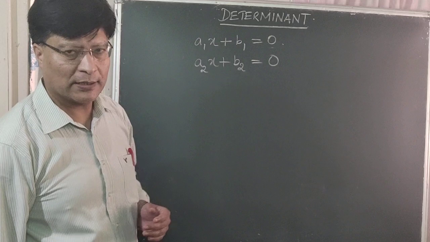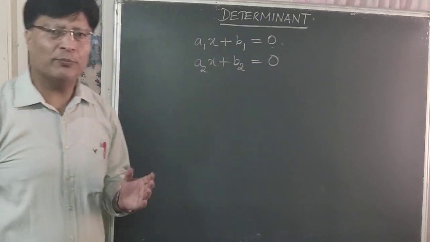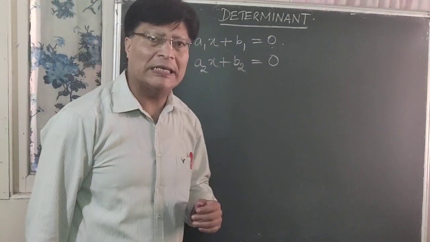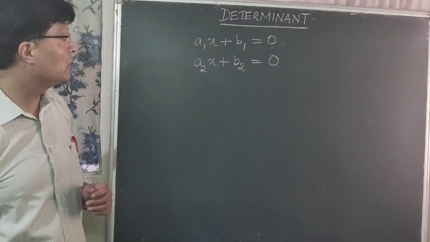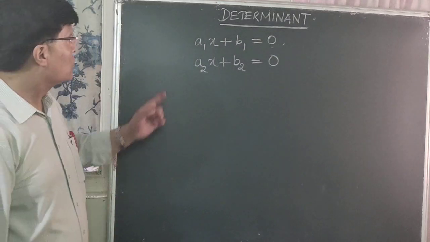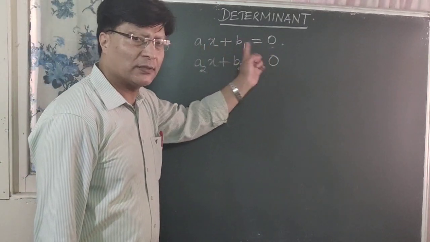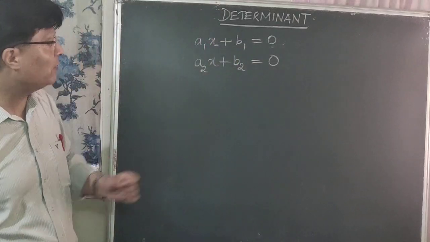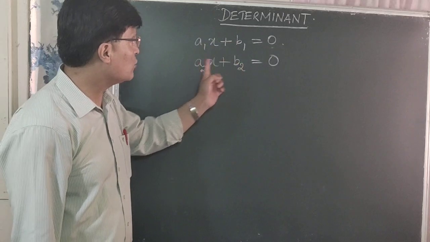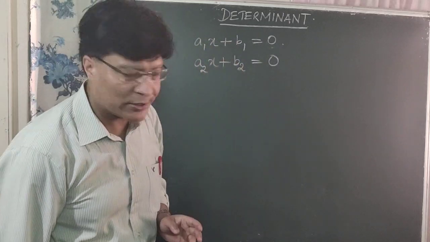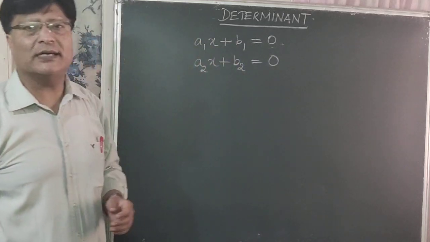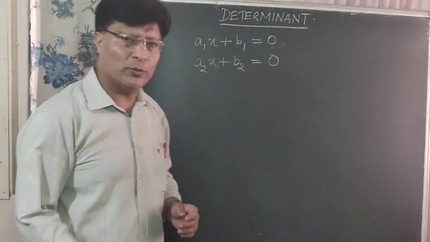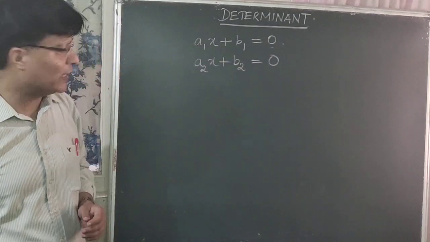So in class 9 or 10, you might have learned about linear equations, okay? So now linear equations means the power of x should be 1, okay? These a1, b1, a2, b2 are known as constants, and x is the variable here, which changes its values, okay?